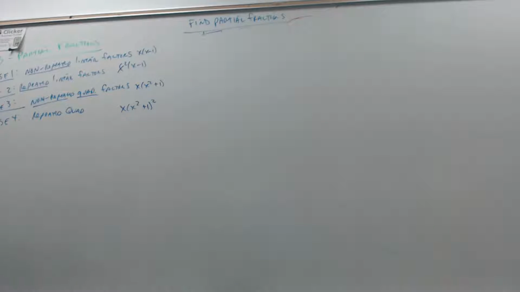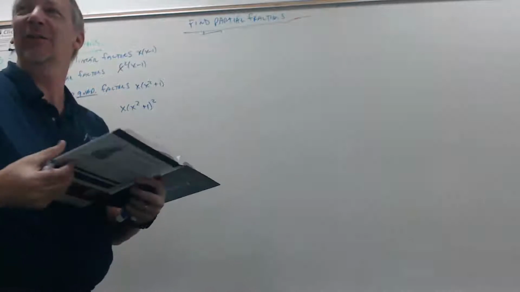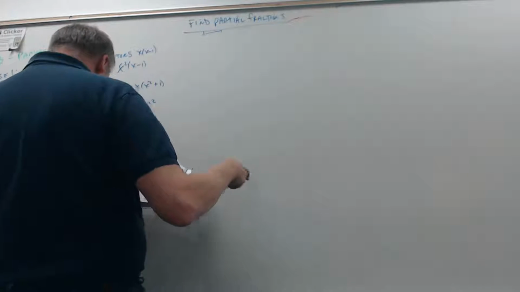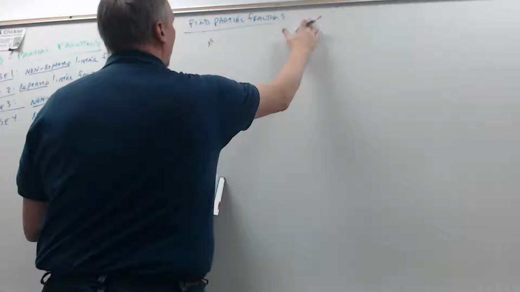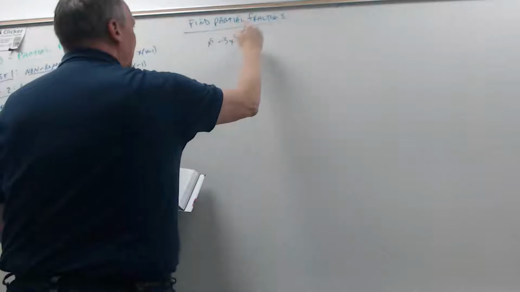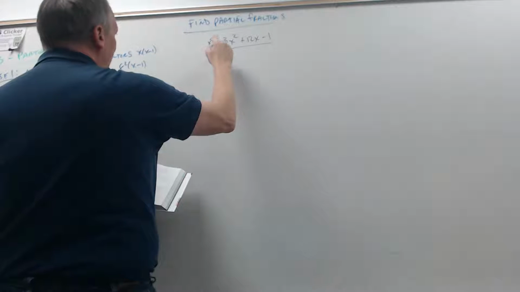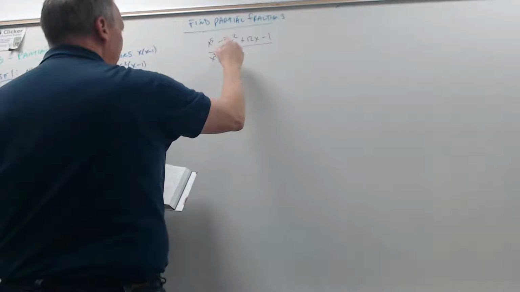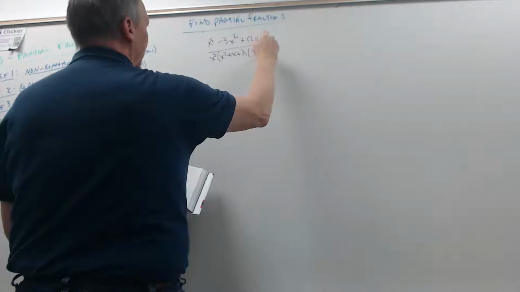All right, so case number 4. Oh, this is a good one. I like this one. You guys are in trouble now. So I've got here x to the 5th minus 3x squared plus 12x minus 1, all over x cubed times (x squared plus x plus 1) times (x squared plus 2) squared.